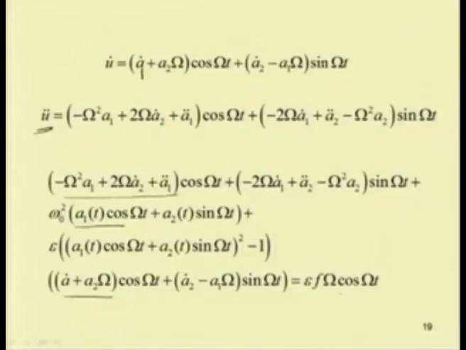Similarly, collecting the terms with sin omega t, this term is sin omega t, this term is also for sin omega t, and multiplied by minus 1 this term also contains sin omega t. So one can write these terms in that way.